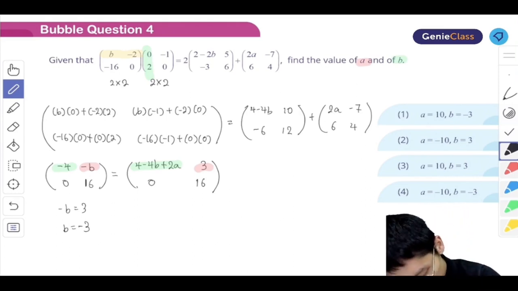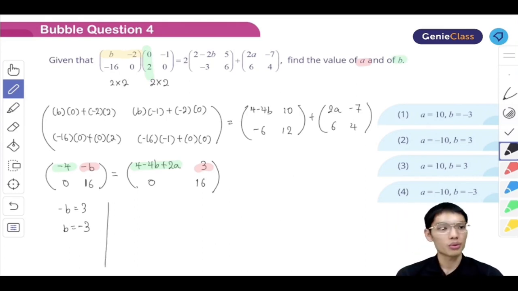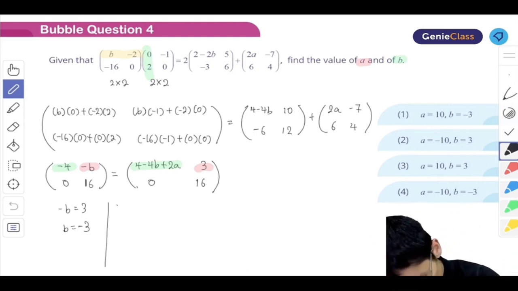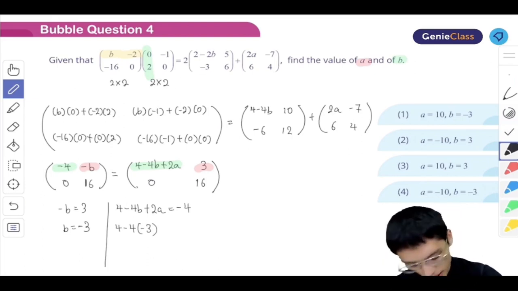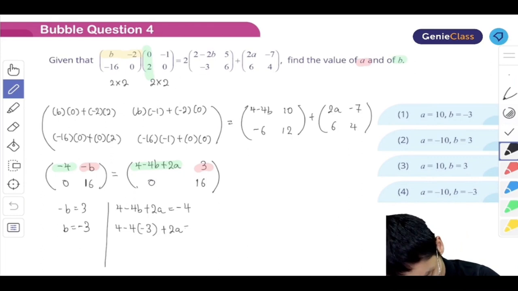Now next up, what happens? From there, we try to see whether we can solve for the green color one. And in fact, if we manipulate, 4 minus 4b plus 2a is equals to minus 4. So 4 minus 4 of minus 3, because b is minus 3, we can sub it in, plus 2a is equals to minus 4.